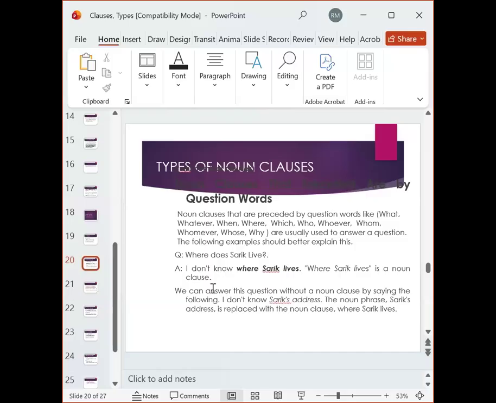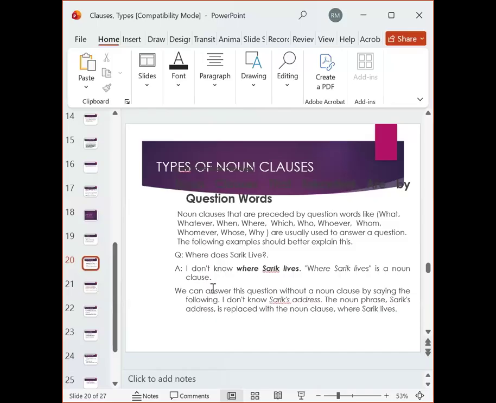And in this context, I don't know where Sarik lives, the noun clause has been bolded: where Sarik lives. Lives is the finite verb of that clause, and Sarik is the subject. The where is a WH marker that is making this a WH nominal clause.